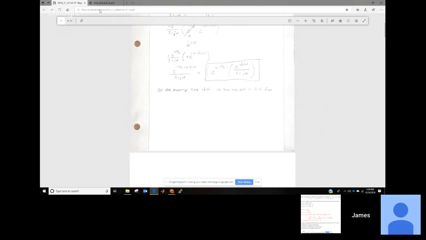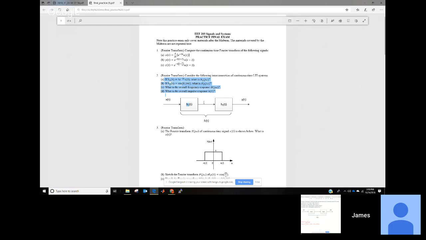For number 2, we're given this system here, which is an impulse response h1 of t convolved with another impulse response h2 of t. Eventually we're going to get to the overall system response.